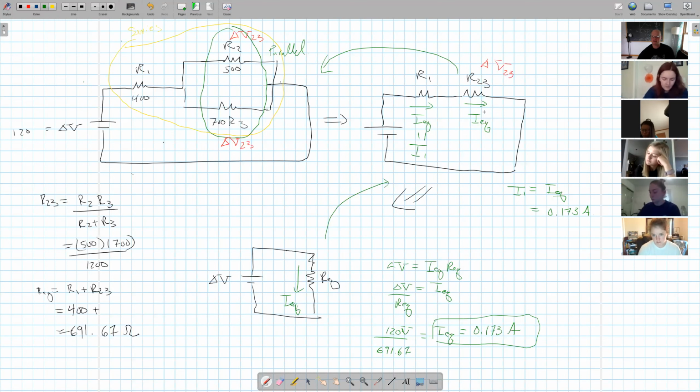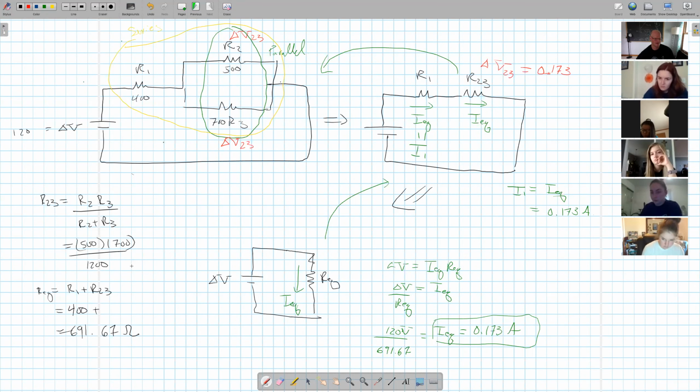Since these are in series, the current running through R23 is also IEQ. Now that we know the resistance and the current, we can find the potential, which is 0.173 times that resistance.